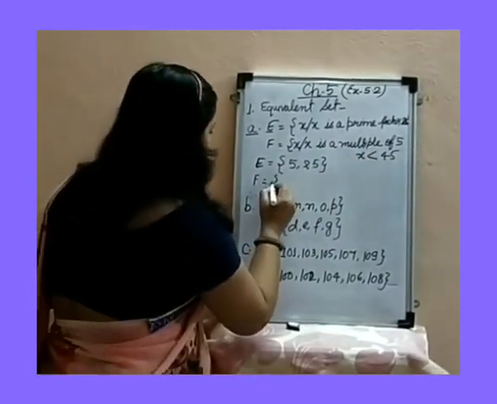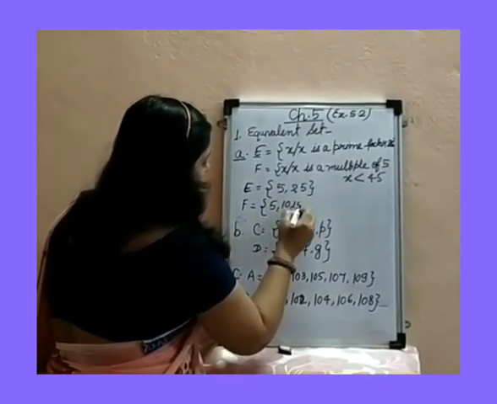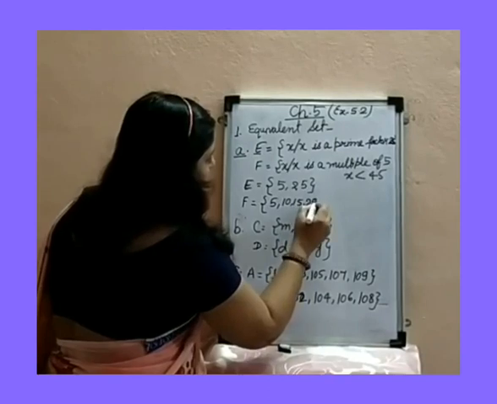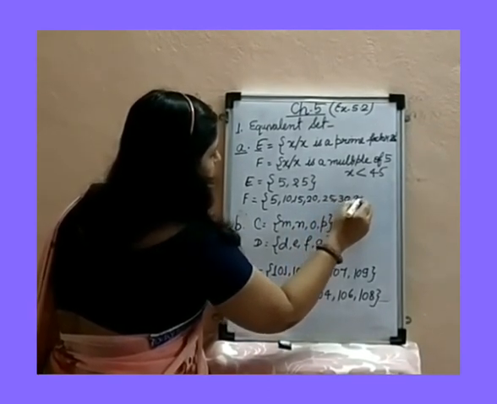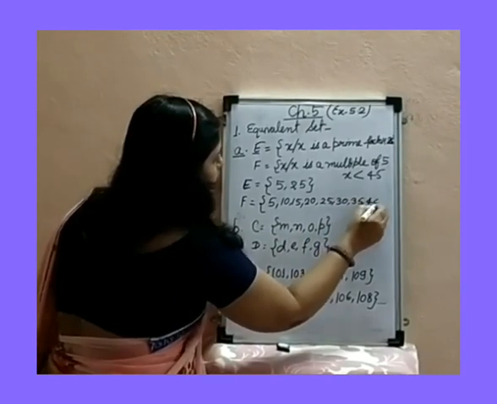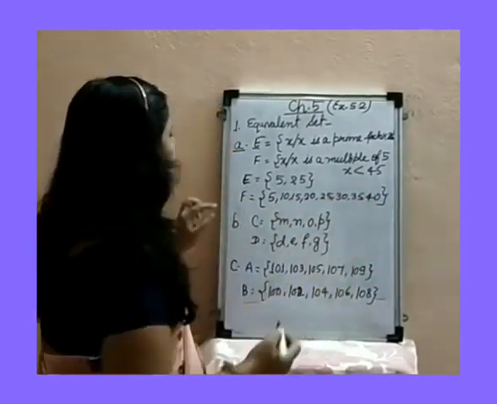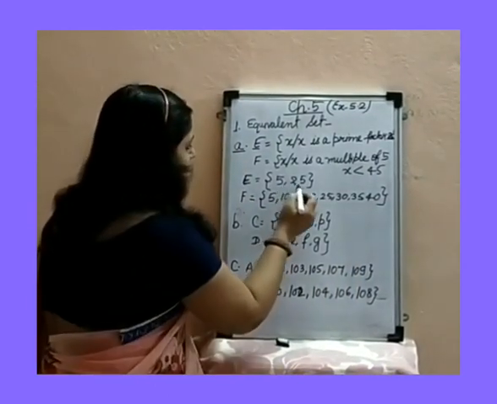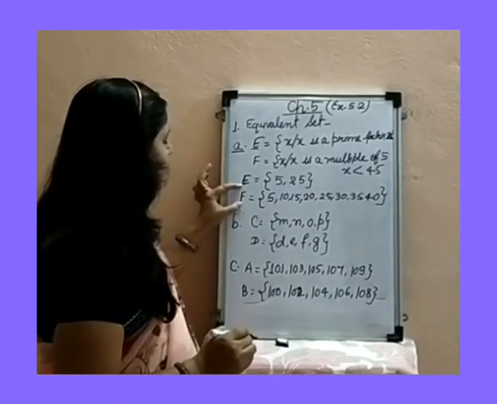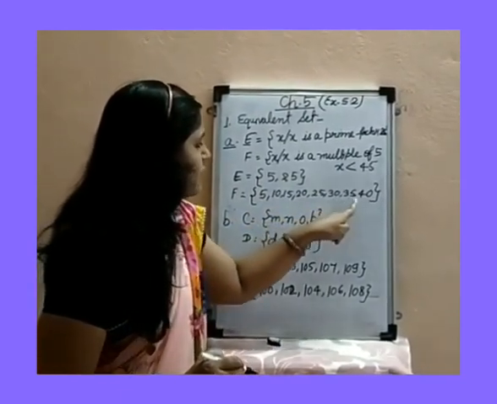So we need to write the multiples of 5: 5, 10, 15, 20, 25, 30, 35, 40. We need to write below 45. So how many elements are in set E? It's 1 and 2. And the number of elements in F is 1, 2, 3, 4, 5, 6, 7, 8.